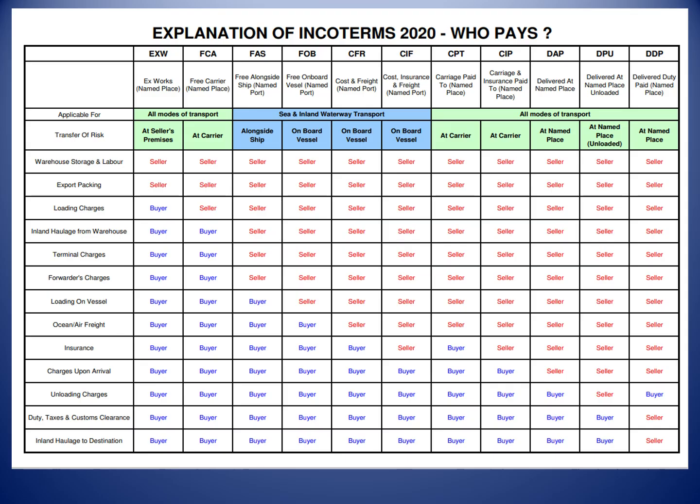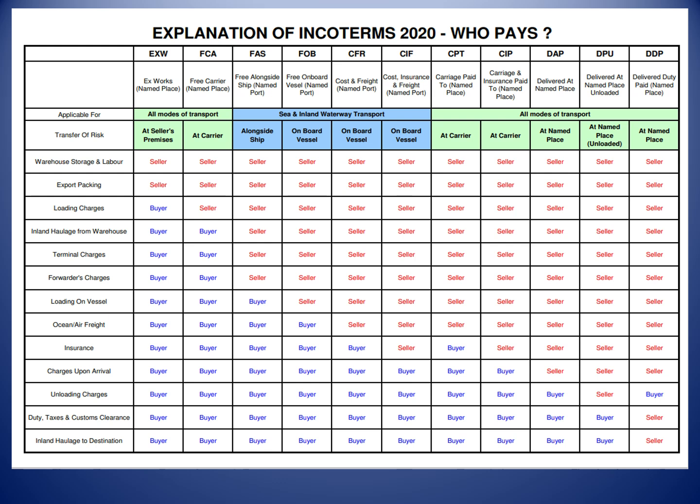So let's look at the Incoterms chart. The Incoterms chart is an invaluable reference tool that I use to this day, and it can be downloaded from any search engine. What I'll do is explain how to use it. If we look at the top row, it has 3-letter abbreviations going from EXW on the left hand side to DDP on the right hand side.